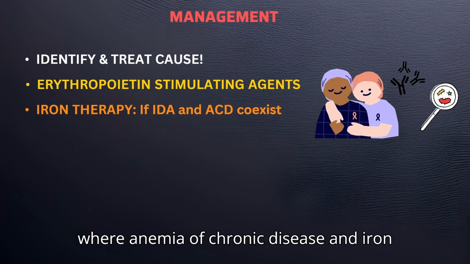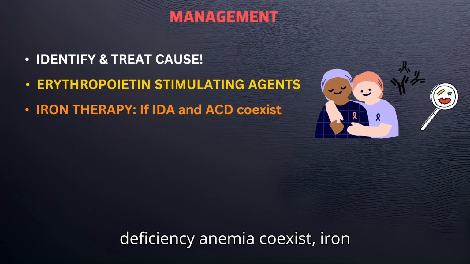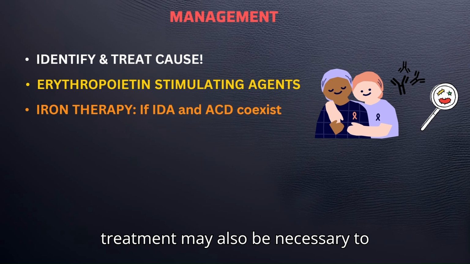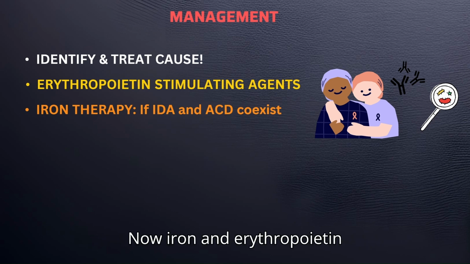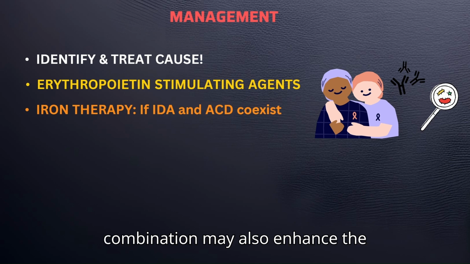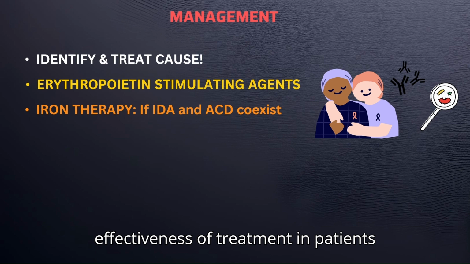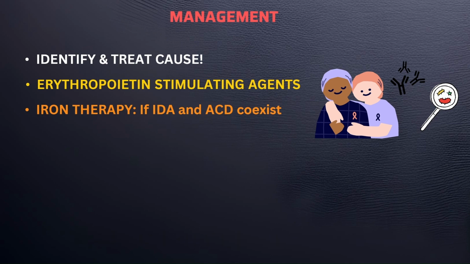Now, in cases where anemia of chronic disease and iron deficiency anemia coexist, iron treatment may also be necessary to address the underlying iron deficiency. Now, iron and erythropoietin in combination may also enhance the effectiveness of treatment in patients with cancer, for example.